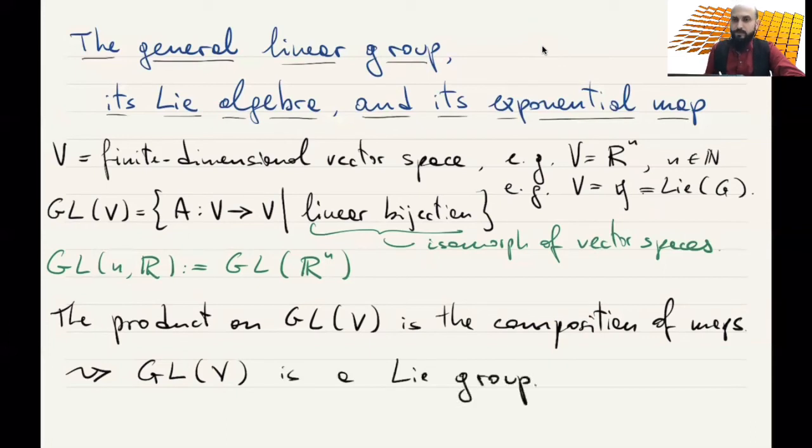So it is clear that this becomes a group. Now let's clarify the fact that it's also a manifold.